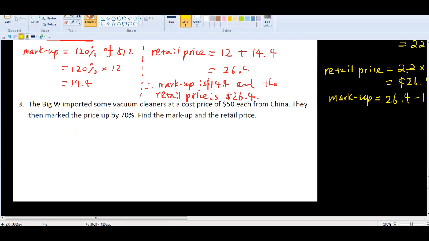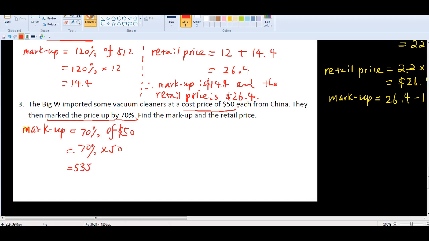So what are you going to do? First, you need to find the markup. So the markup would be the markup percentage, 70%, of the cost price. The cost price is $50, so it would be 70% times 50, which is $35.